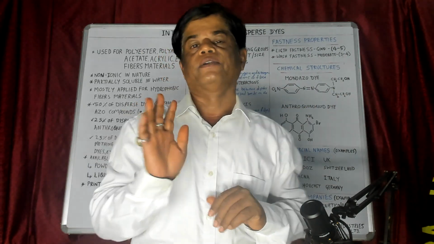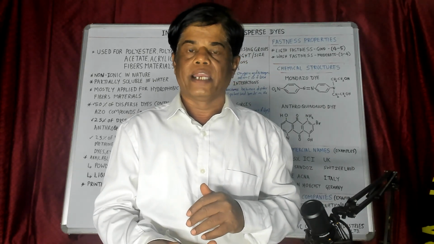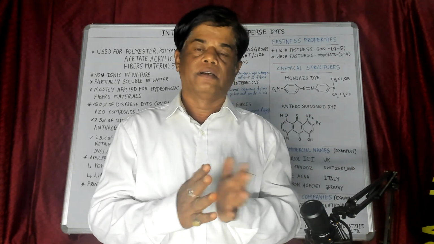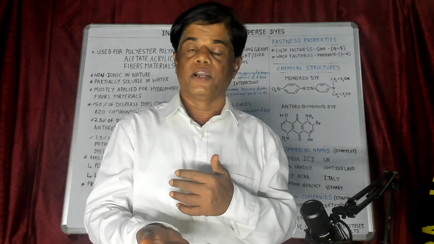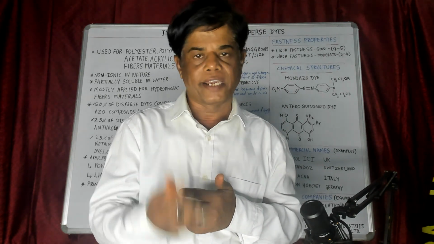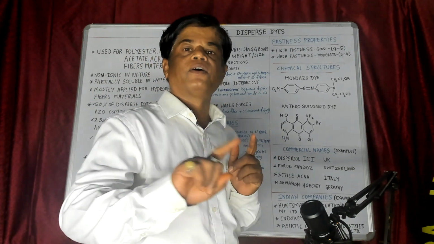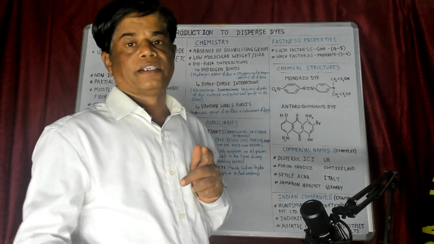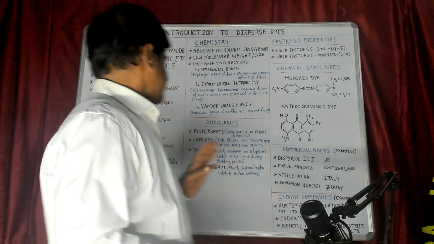Anion and cation, you know in chemistry. So that is based on ionization, ionic in nature. Acid dyes and basic dyes are ionic in nature. But disperse dyes are not ionic, they are non-ionic in nature. Here no anion or cation is there.